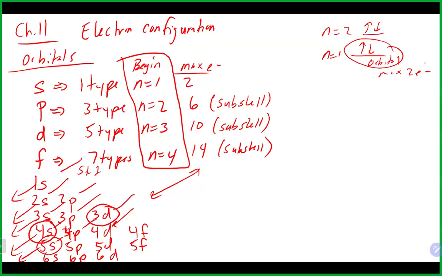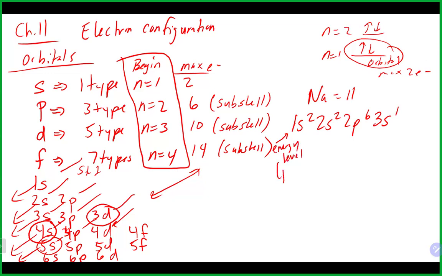So for example, if we looked at sodium, which is 11, it would be 1s2, 2s2, 2p6, 3s1 in this case. Remember, that's the proper way to sort of write it and say it. The first number again is the energy level, or really the principal quantum number.